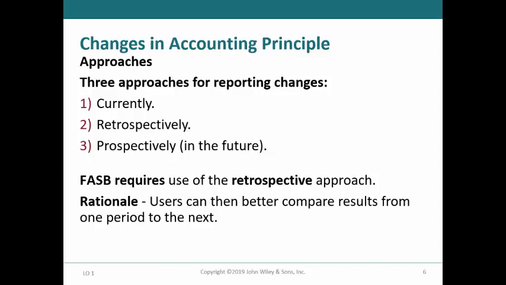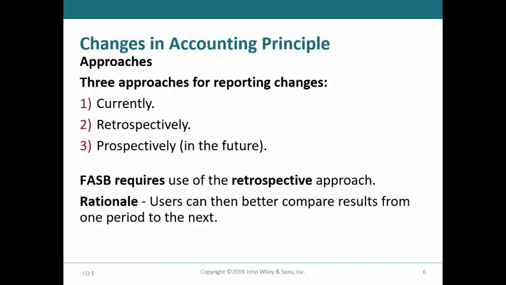The retrospective treatment is to restate prior periods shown together with the current year to the new principle and include the cumulative effect of the change in the retained earnings of the first period shown. This helps comparability because all of the periods shown are on the new principle.